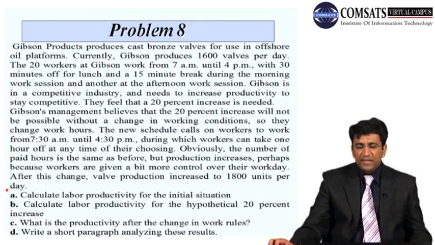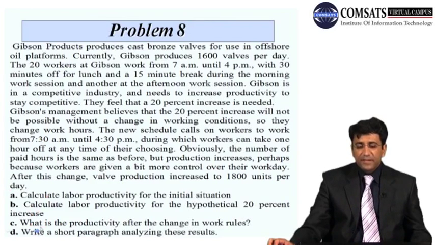The 20 workers at Gibson work from 7 a.m. until 4 p.m. with 30 minutes off for lunch and a 15-minute break during the morning work session and another during the afternoon work session. Now students, this information is very important.